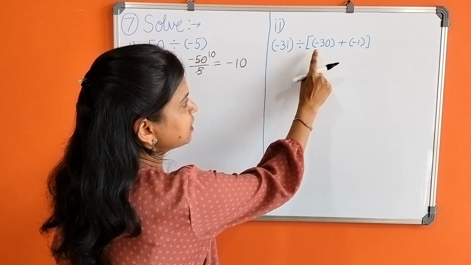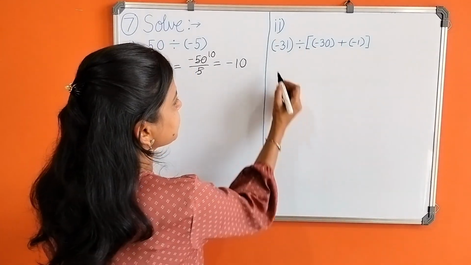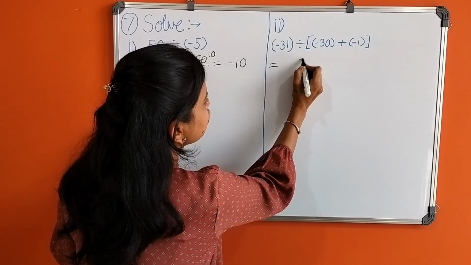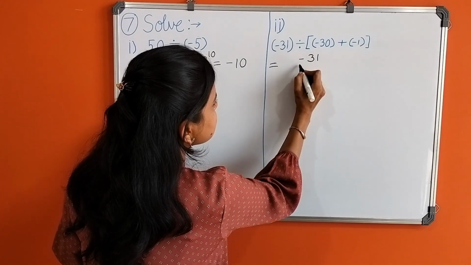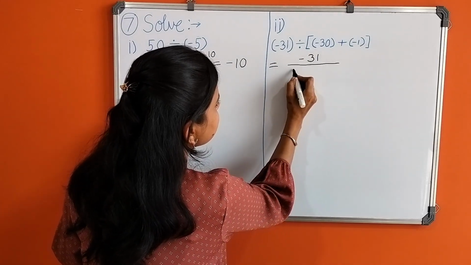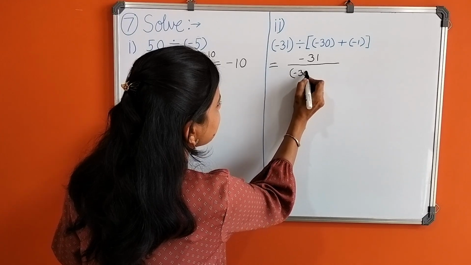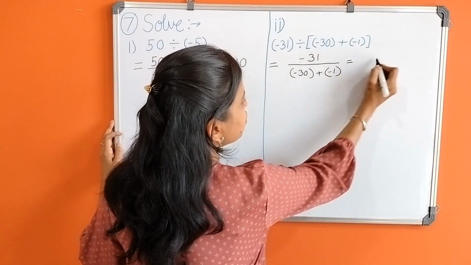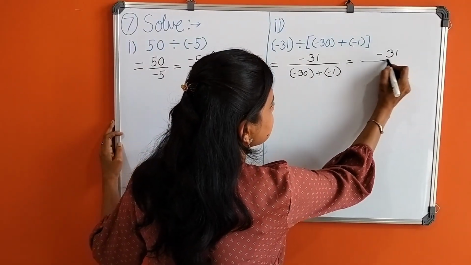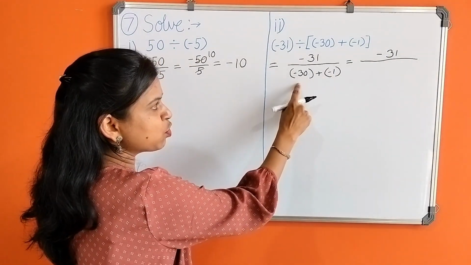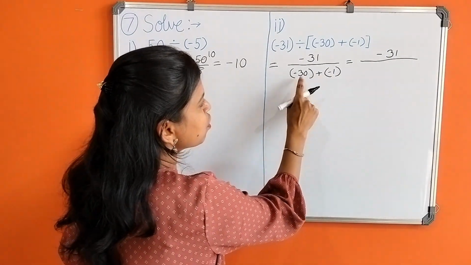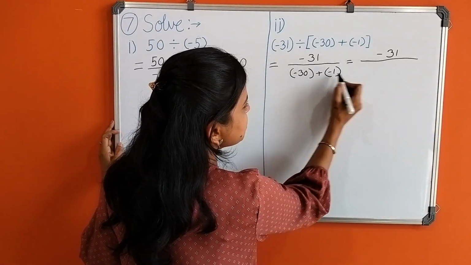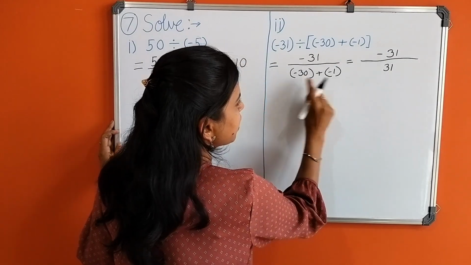Next, -31 divided by (-30 plus -1). In a big bracket, there are two small brackets. So we will write numerator and denominator: -31 divided by -30 plus -1. -31 will be as it is. -30 and -1 both are adding, and both are negative, so the answer will be negative. 30 plus 1 is 31 with a negative sign.